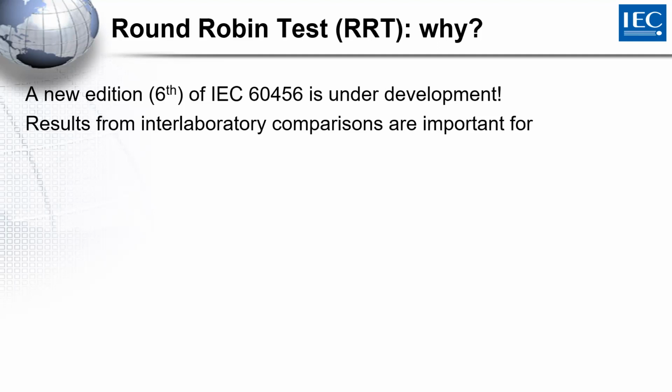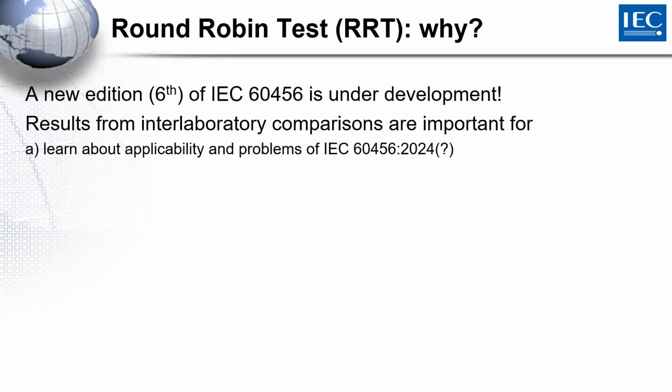We have many reasons for doing it. The first is that this is a new text, a new standard, and it was written and reformatted and redesigned in many points. So we want to learn how this new procedure is understood and applied by the practitioners, so people who are using those standards to test washing machines.